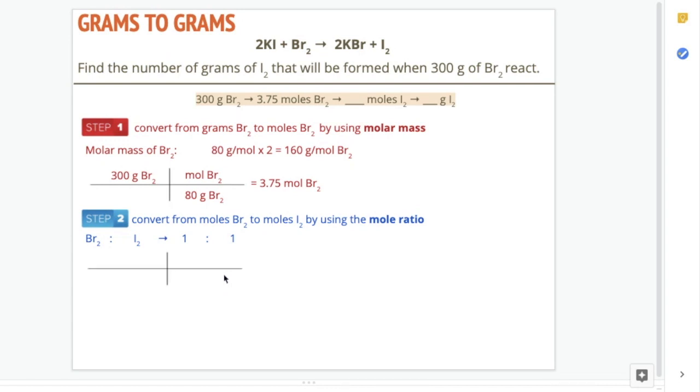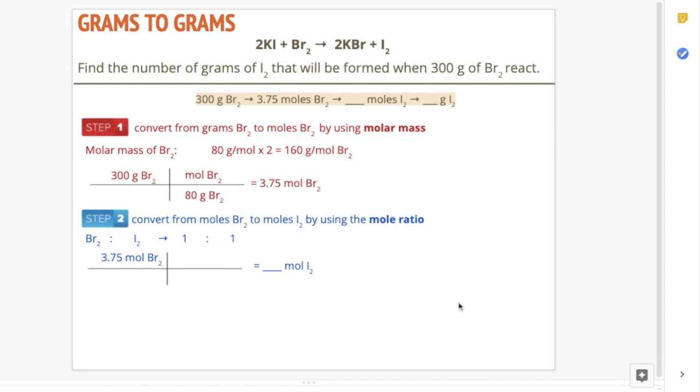Because when I set it up with what I have, 3.75 moles of Br2, which comes from here, and I need to get out moles of iodide, I'm going to use this 1 mole to 1 mole ratio in order to cancel these out.